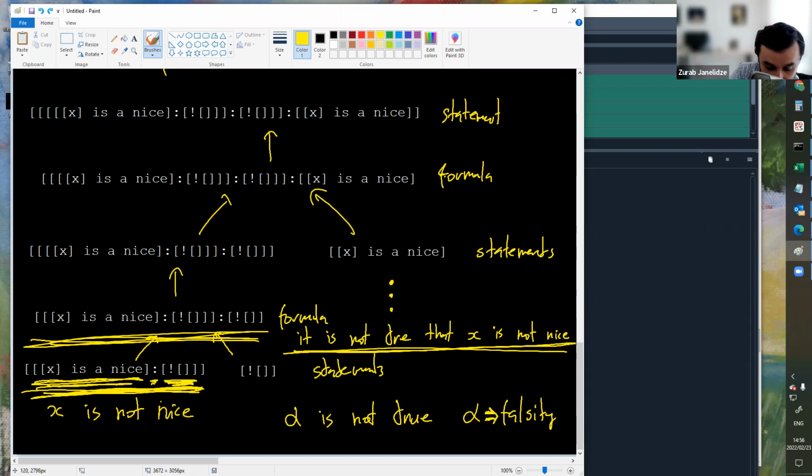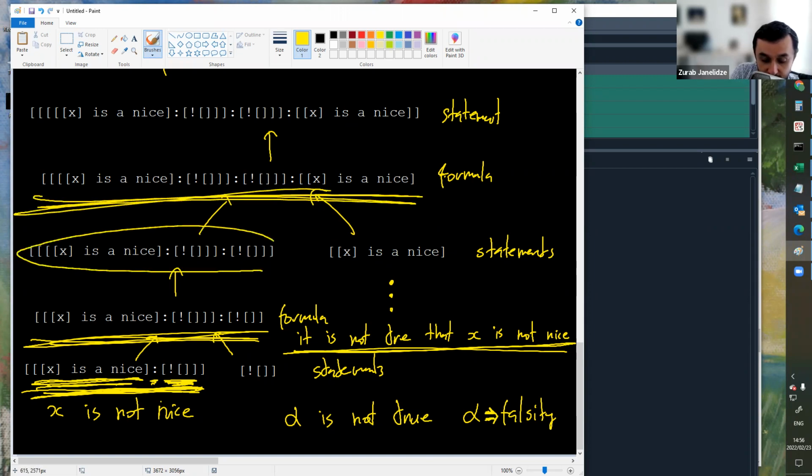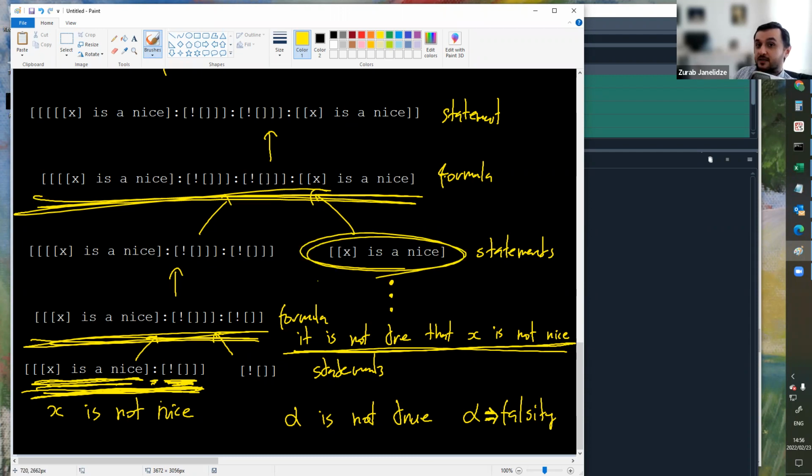Okay, so that's what this says in the formula form, and then stating it gives us this, and that one says X is nice, and then here we're saying if it is not true that X is not nice, then X must be nice. So we're basically saying that double negation cancels out.